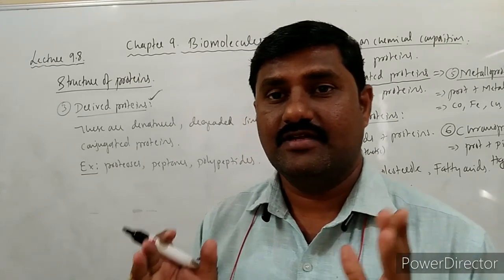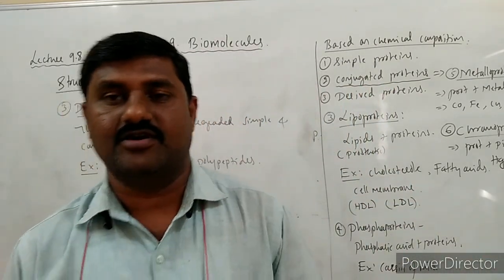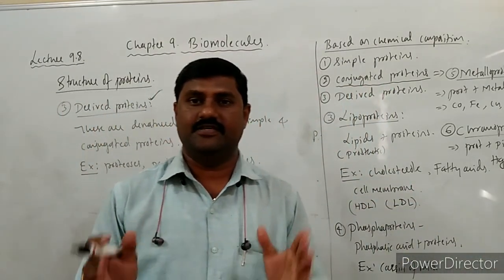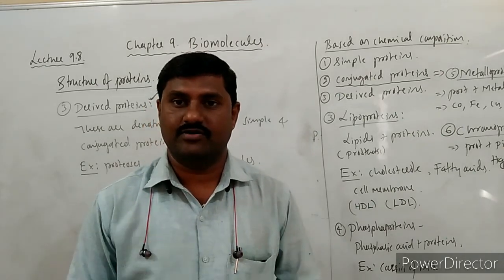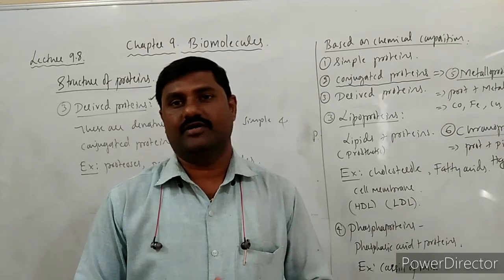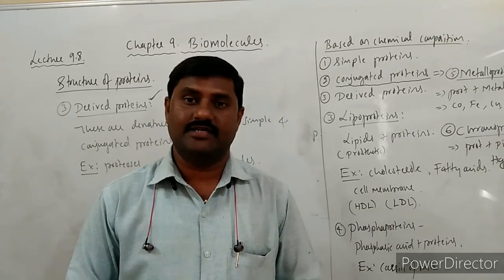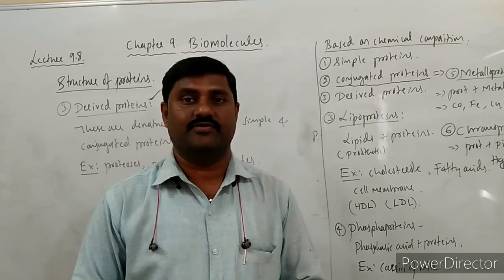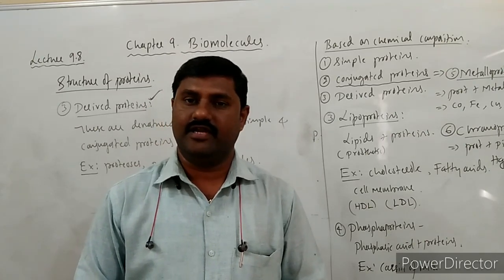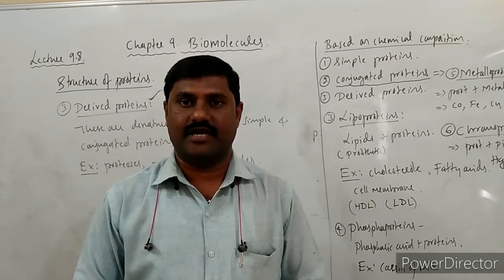This is all about the classification of proteins. With this I am going to conclude this class. Next, the biological importance or significance of proteins is also very important. We will discuss that in detail in the next class. Thank you.